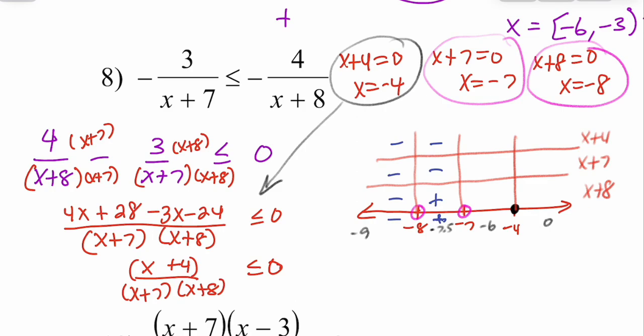Next, we're ready to plug in -6. If we plug in -6, we get a negative here, but positives both of those. One negative stays negative. And lastly, we need to plug in 0. If we plug in 0, we get plus, plus, plus, which stays positive.